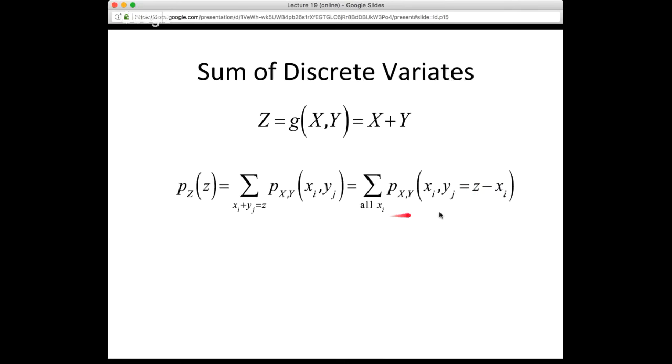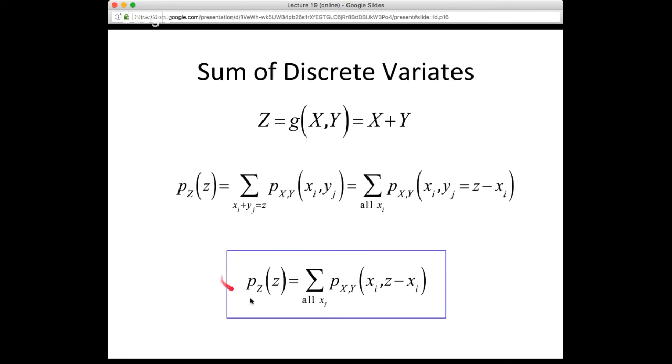In fact, the right-hand side as a whole only depends on z, because once you specify the value z, you then specify the sequence of yj's that you're going to get as you sum over all xi. And so this would be the derived PMF for z, given the joint PMF for x and y, summing over all xi and substituting z minus xi for y here.